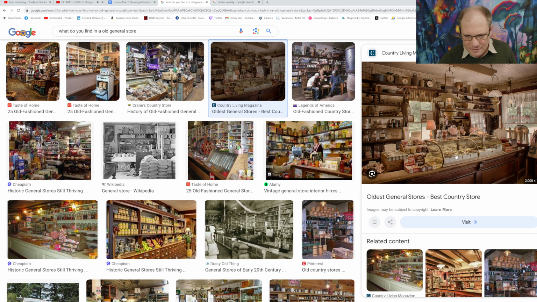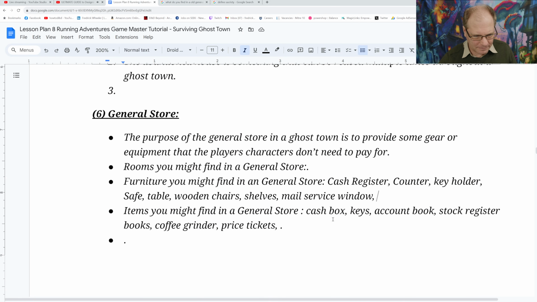Oh, lanterns. Lamps and lanterns. Lamps, definitely lamps. There's going to be some lamps. You would have hanging lamps for sure. So, here we go. So, lamps. Or oil lamps.